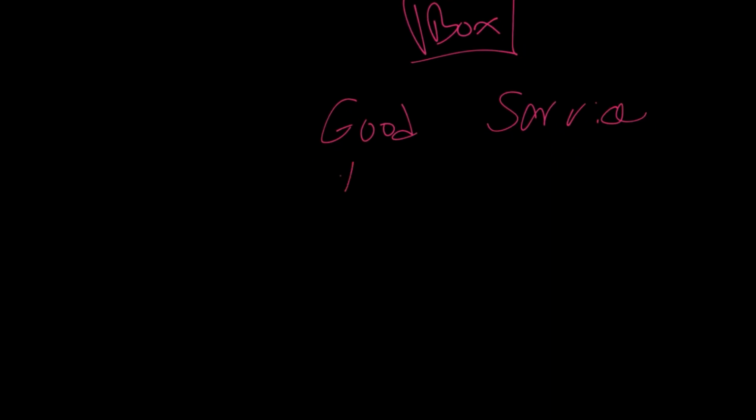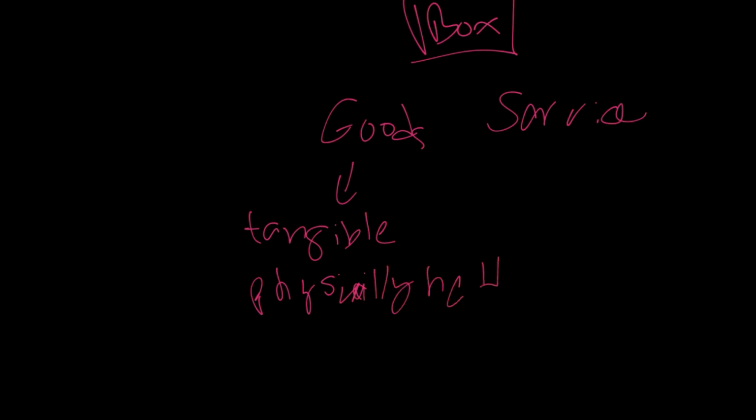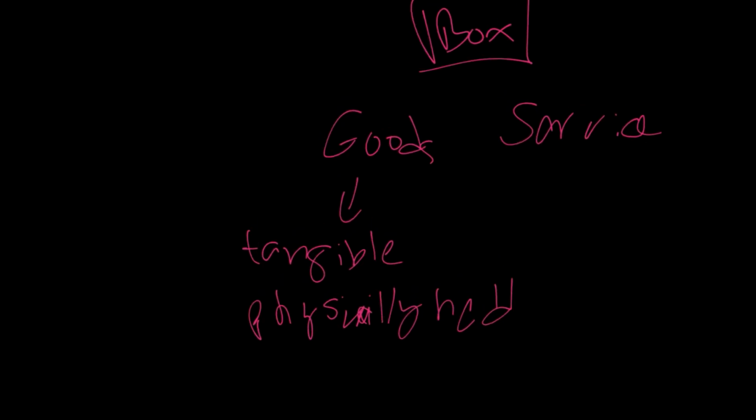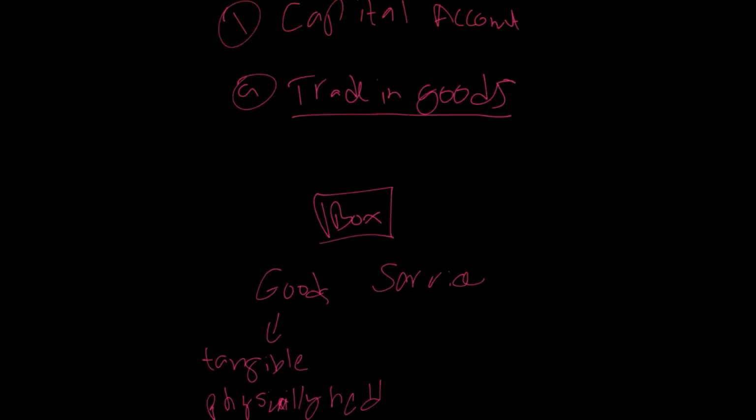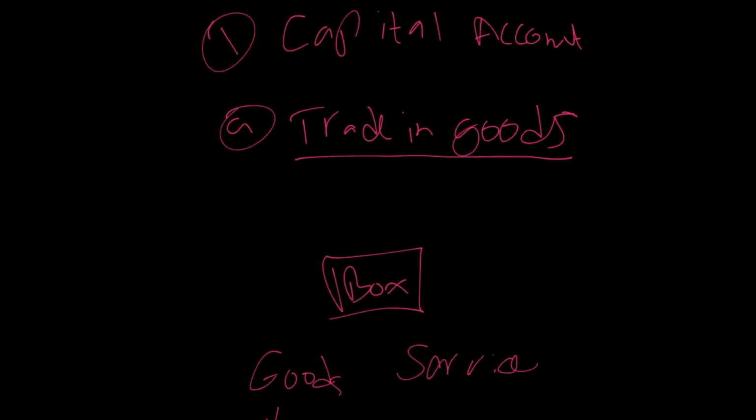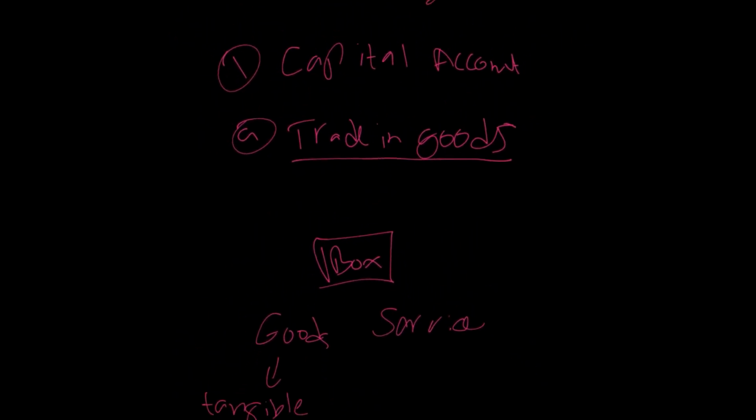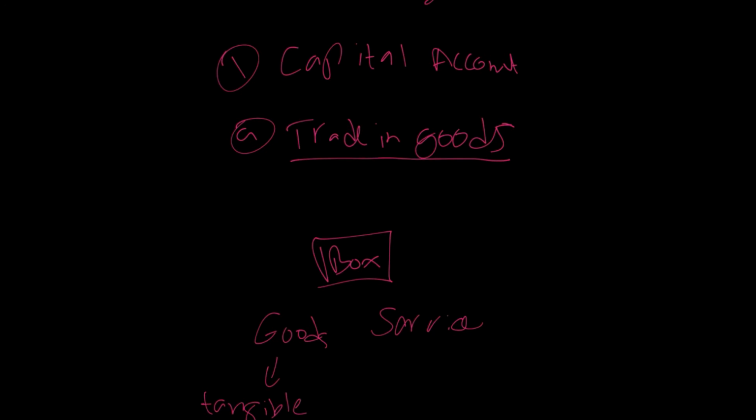A good is anything which is tangible, something that can be physically held, and so it is obviously a good then, right? And so it is accounted for in trade and goods.